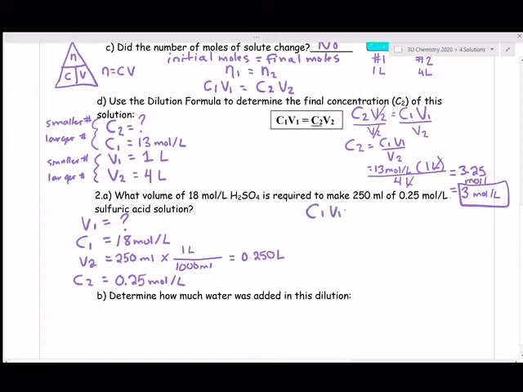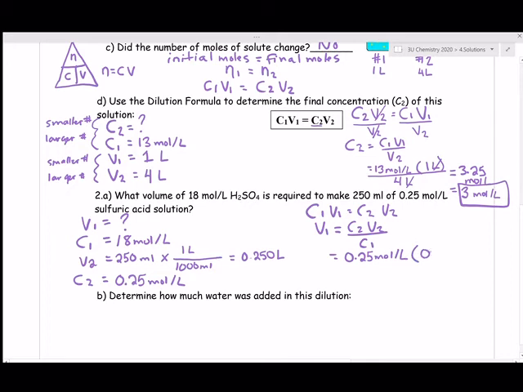Then we'll go to our formula. And this time we want V1. So again, to get rid of C1, we're going to divide it out of both sides. So notice how this doesn't change, but it is now being divided by C1. Okay, so plug it all in the right spots.